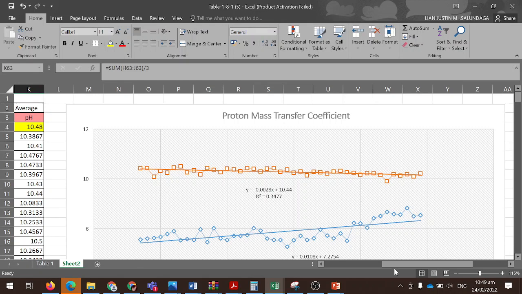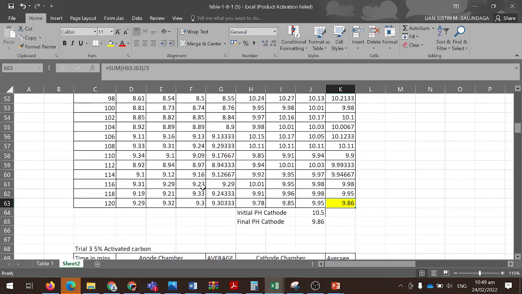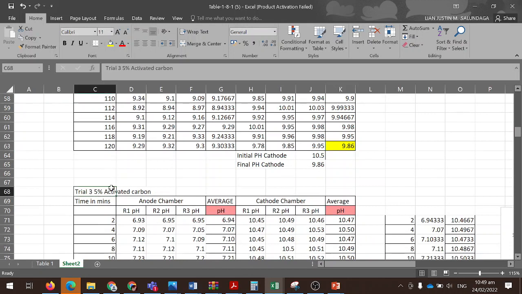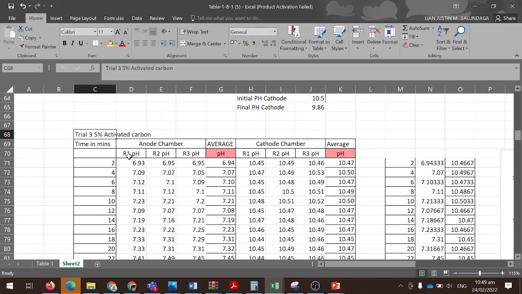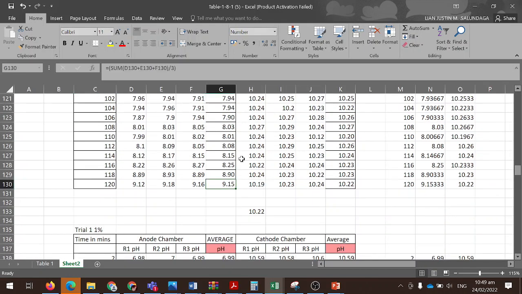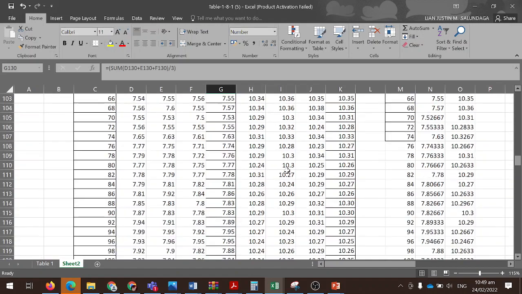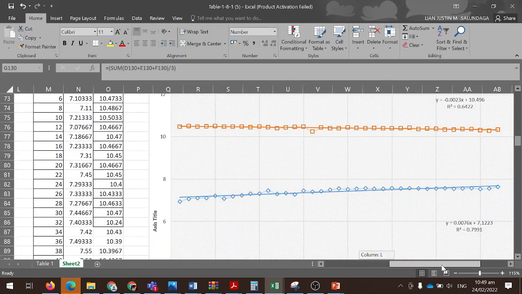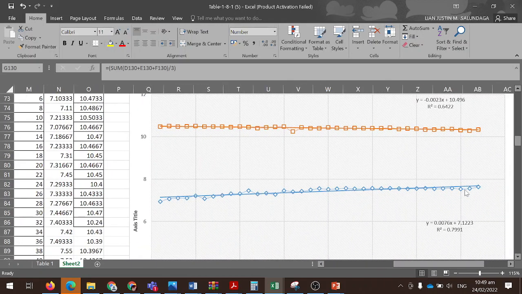So next, we also tried trial 5 or trial 3 for the 5% activated carbon. For the 5% activated carbon, we measured 6.94 for the first 2 minutes, but the final pH is 9.15. So if we look at the trend on the graph, it is slowly increasing, no?